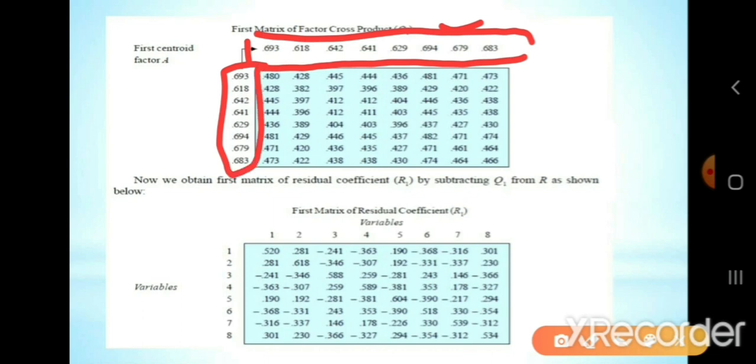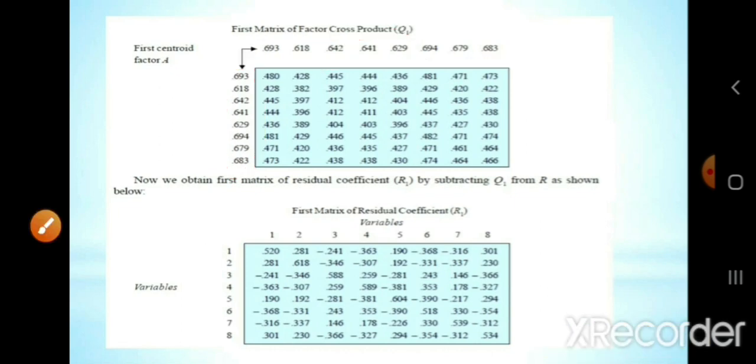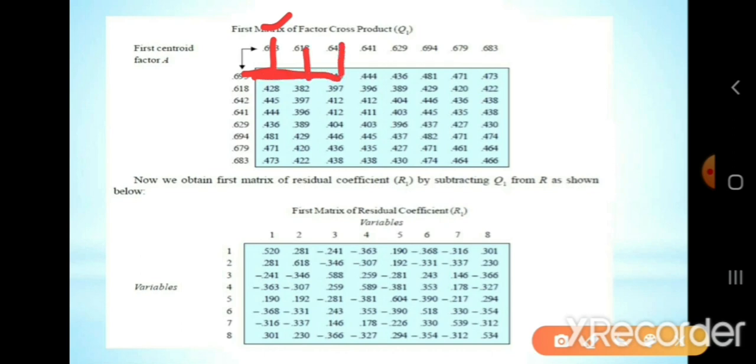We will cross multiply each factor to get the cross product matrix. Multiplying this by this will give us A11. This multiplied by this will give us A12. This multiplied by this gives us A13. This multiplied by this will give us A14. Similarly, up to A18 we will get, and finally A88.